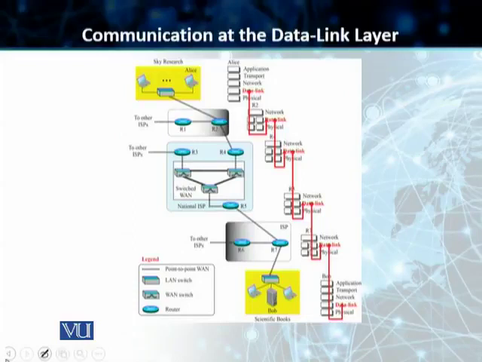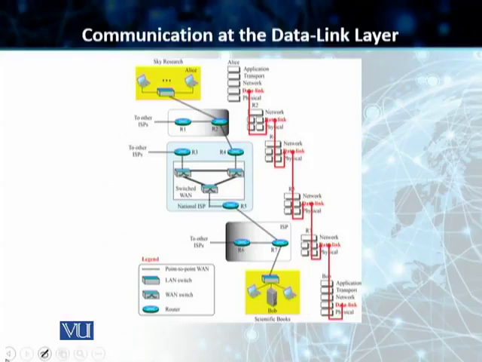Students, we have discussed this example before, but that was in the context of me introducing the physical layer to you. The communication that we spoke about back then was happening at the physical layer. Students, in this particular case, you'll see that we're talking about the logical communication that's happening between the data link layer.